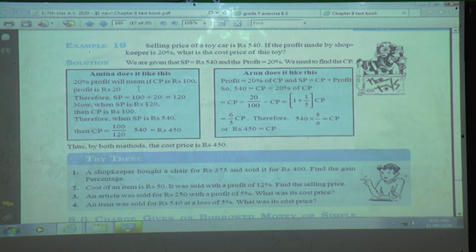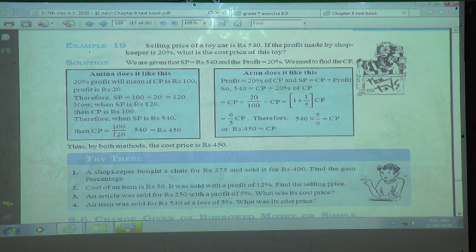This is what we considered and found. Therefore when SP is rupees 540, which is given in our story problem, then what will be the CP?